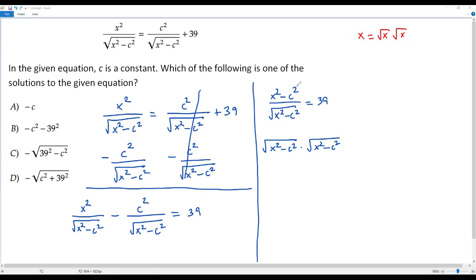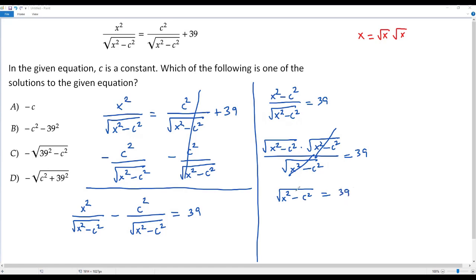The denominator can be taken as it is, the square root of (x² − c²), equals 39. Here the square root of (x² − c²) in the numerator and denominator will cancel out. I'm getting the square root of (x² − c²) on the left side. On the right side we get 39.